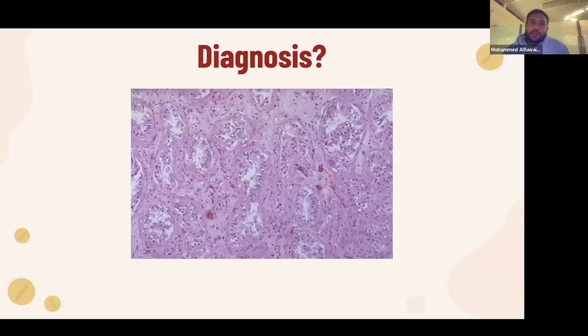Now, cryptorchidism, just something about it is we need to treat it before they reach the age of 2. Okay, so usually we treat it under 1 year of age, because at around 2 years, the atrophy changes start to occur. There's some fun fact for you.